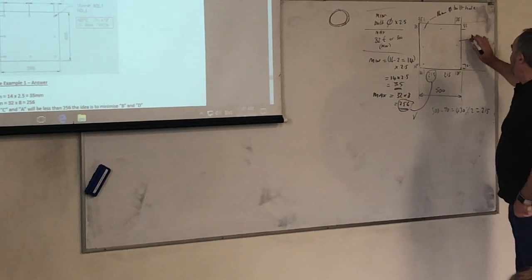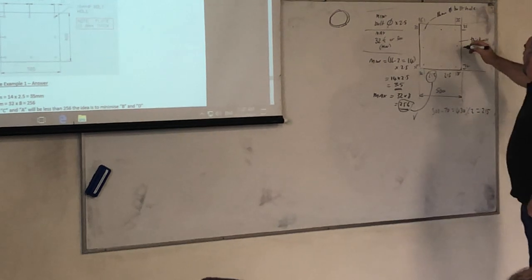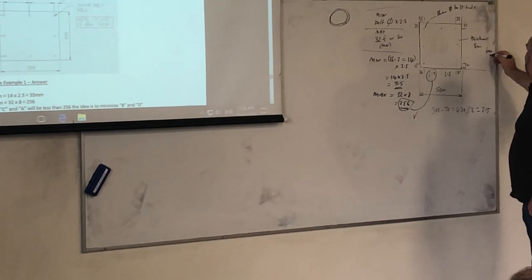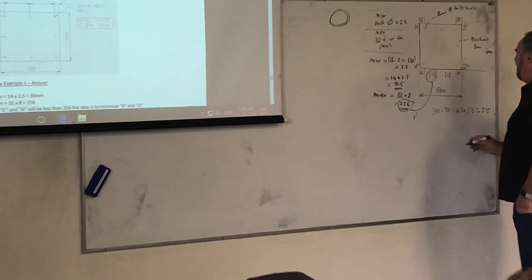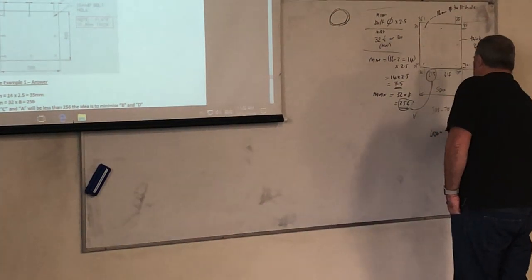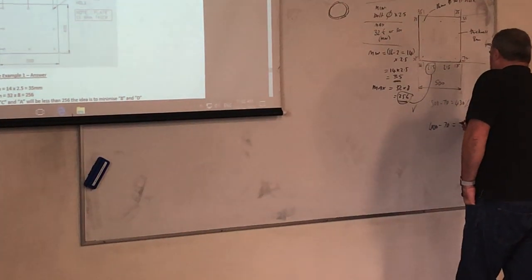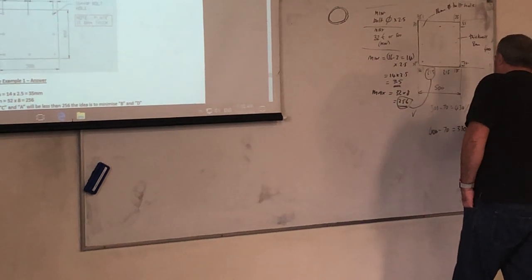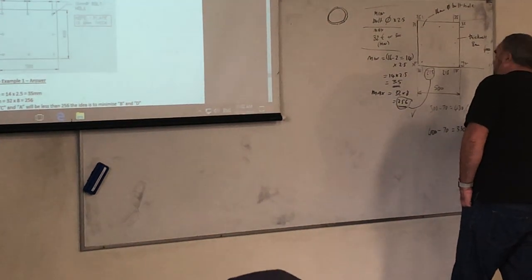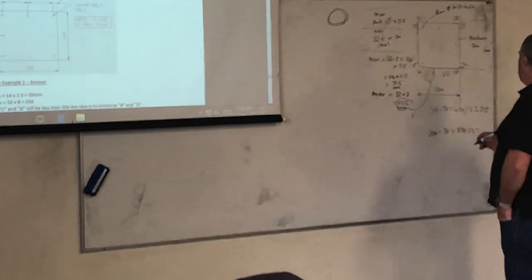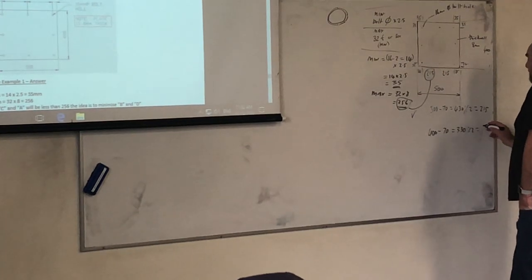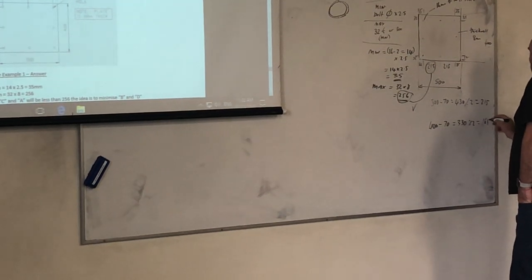Working up the page, 35 on 400, it's going to be 400 minus 70, which equals 330, divided by 2 equals 165.